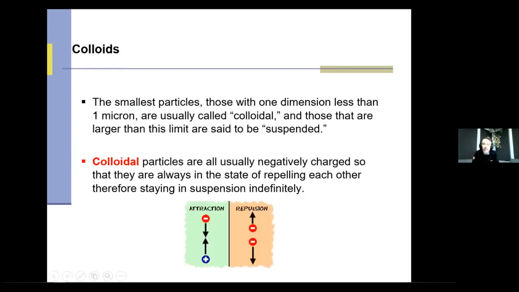A really important concept here is the smallest particle, the one that's 1 micron, and that's pretty small, like a human hair. It's called a colloid or colloidal, and that's super important to think about. Those are tiny, tiny, tiny little particles. They're always negatively charged, and like we talked about, the negatively charged color and organics are always in a state of repelling each other.